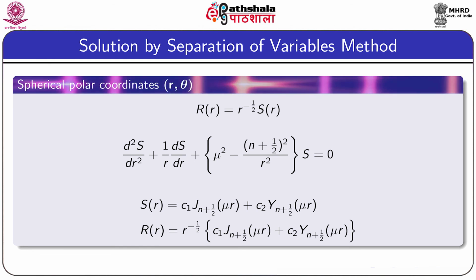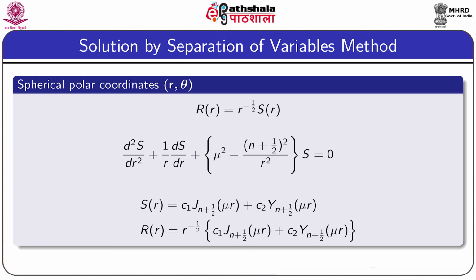So, our required variable capital R, or the solution for capital R, can be written as capital R is equal to small r to the power minus half into S of r. So, the solution can be written in this form, which can be seen in the last equation of this slide.